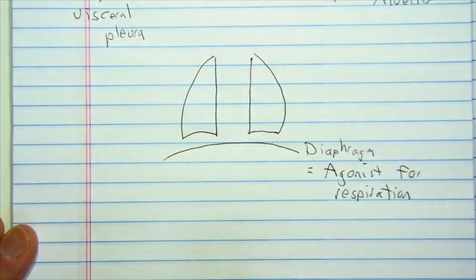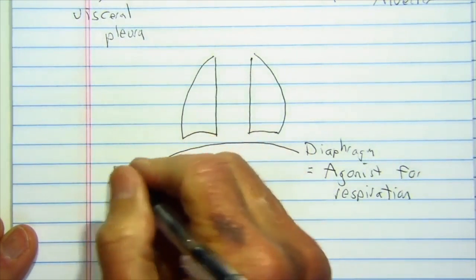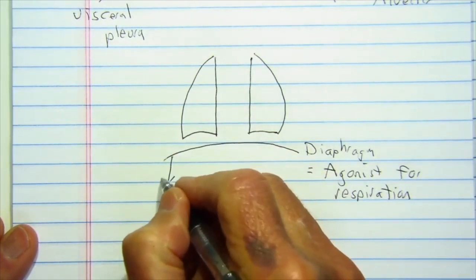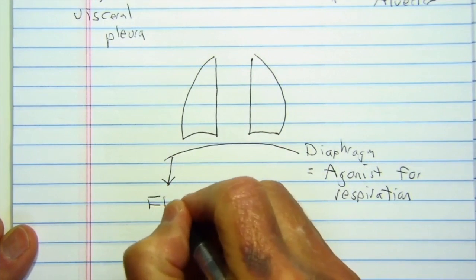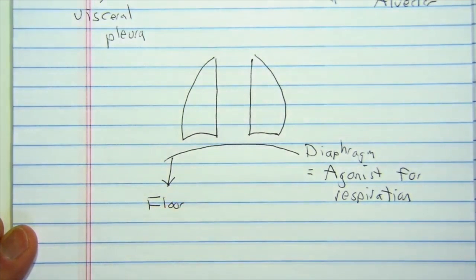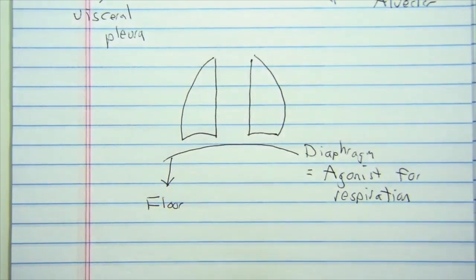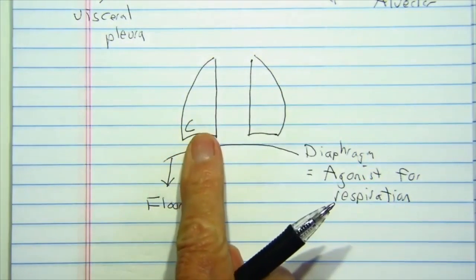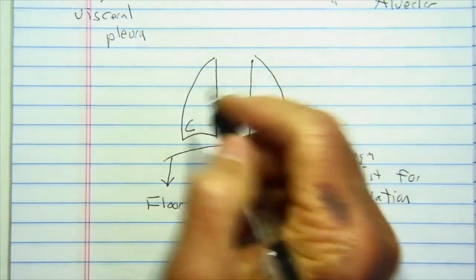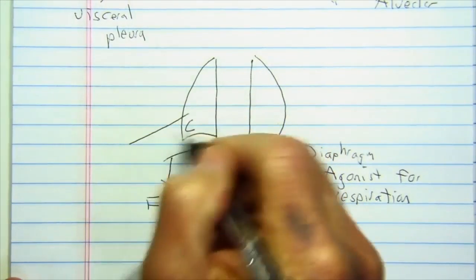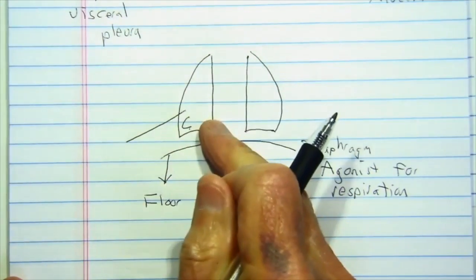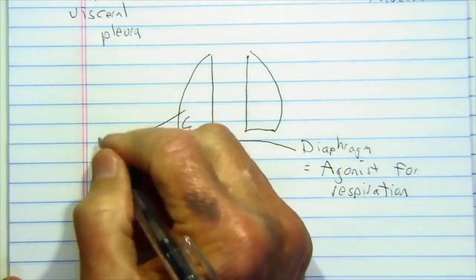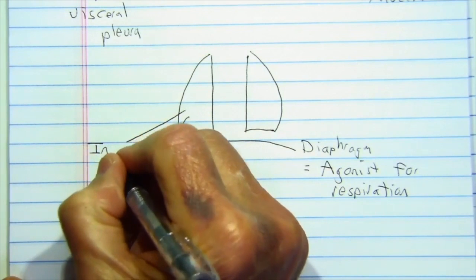Think of that diaphragm as really being the floor of the room you're in right now. If you're looking inside of that room, pretend that that room is actually inside of the lung. So inside of my lung is literally going to be this alveolus, and just think of that as being the interior of the room.